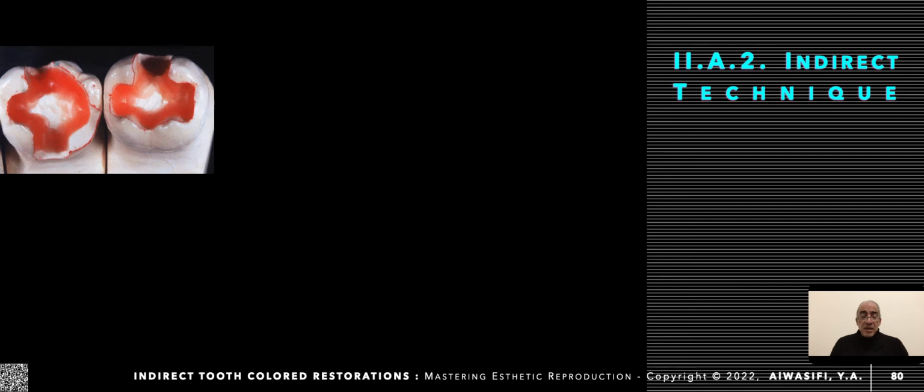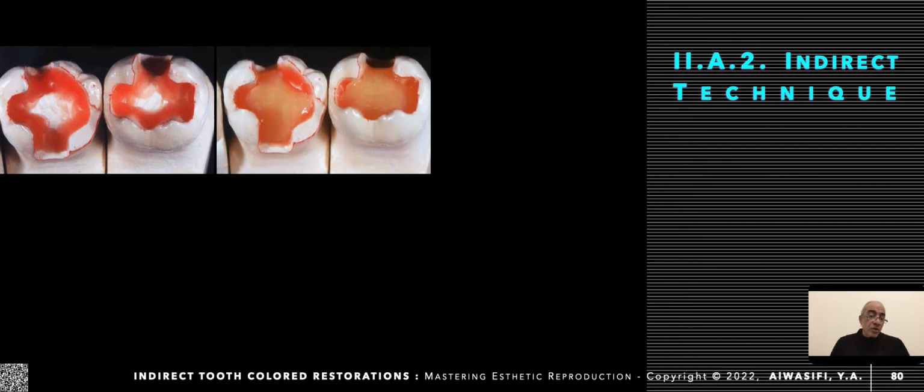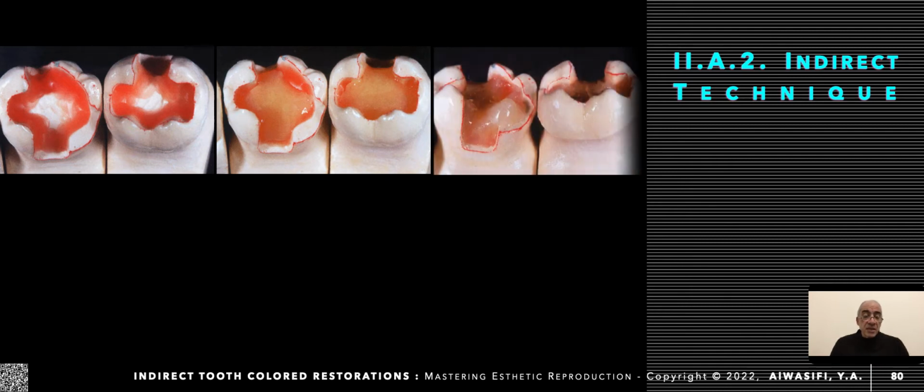Another case where you could note in this die the margins marked with red pencil, blocking out of undercut with wax also, and this is the base dentine, much more obvious, and this is the dentine structure forming the core of your missed cusp.